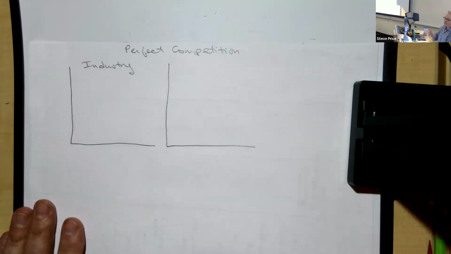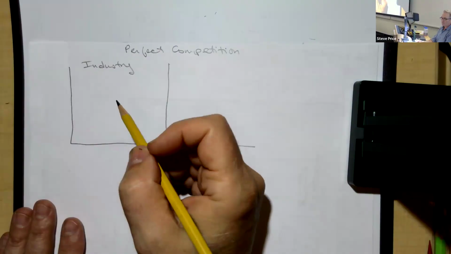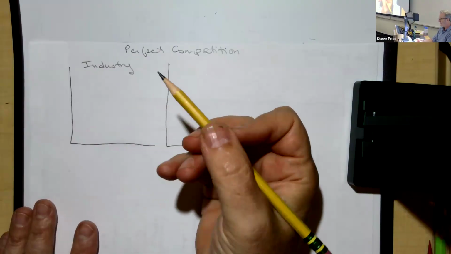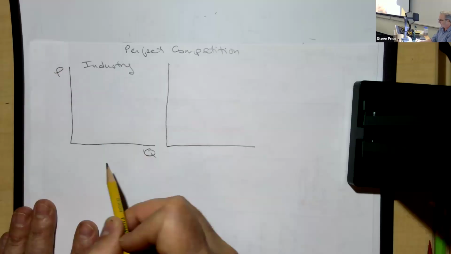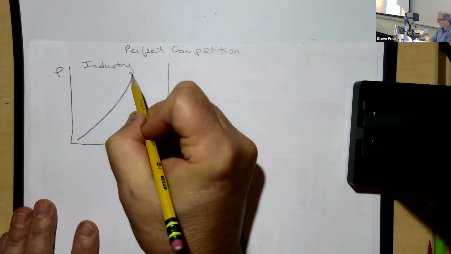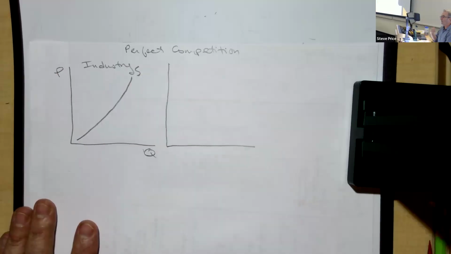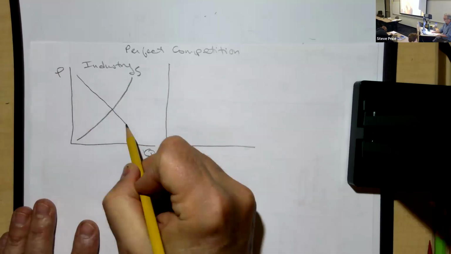In the industry for rice, walnuts, almonds, gold, oil, there are many, many sellers, thousands, hundreds of thousands, tens of thousands, depending on the industry. This industry is every single supplier of this commodity, and demand is all the demand throughout society.